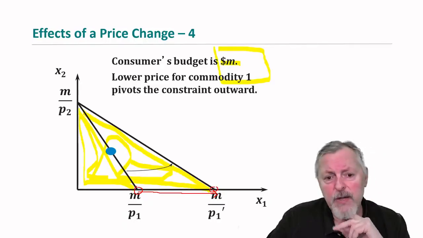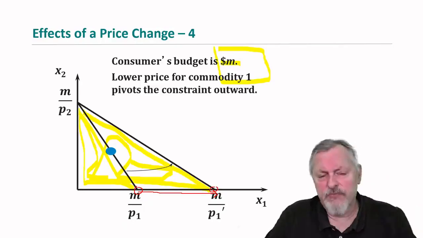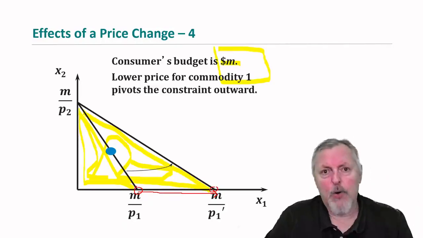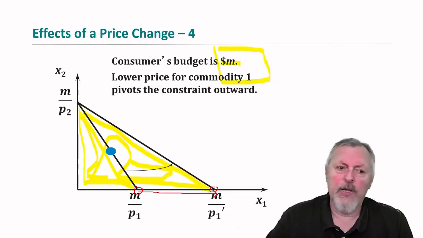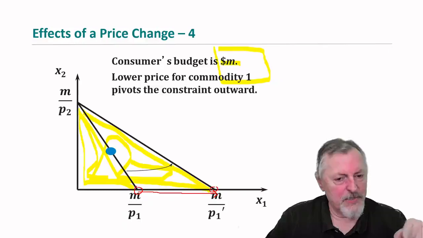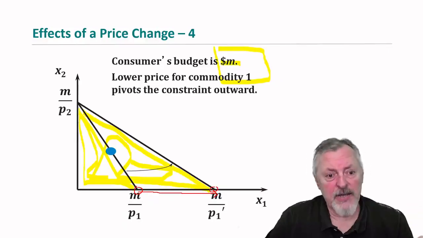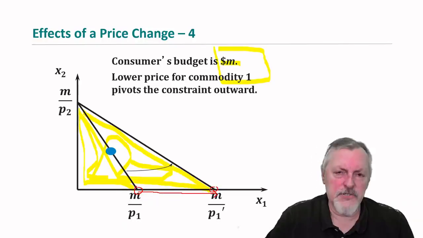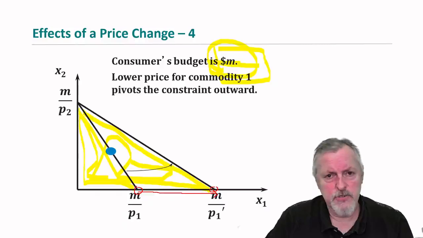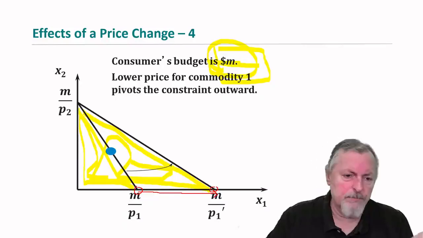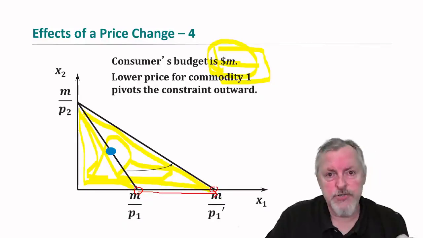If you think not in terms of dollars but in terms of purchasing power, how wealthy you are, well, that's the area of the budget set. And this person's budget set is now much bigger. So this person is, in a sense, wealthier, even though the number of dollars they have has stayed the same, because they have more purchasing power.